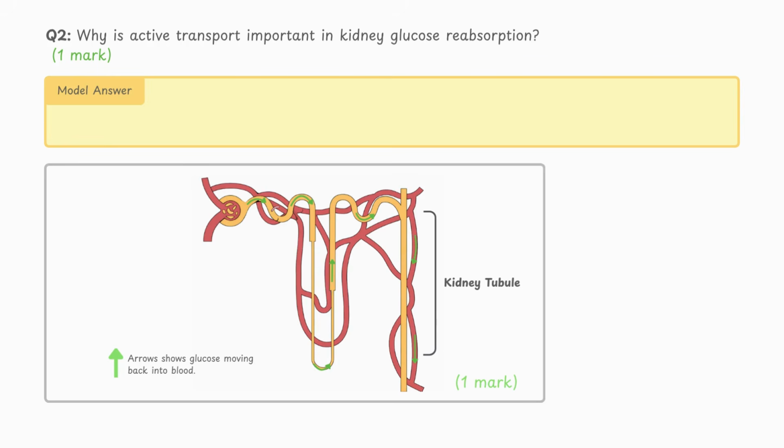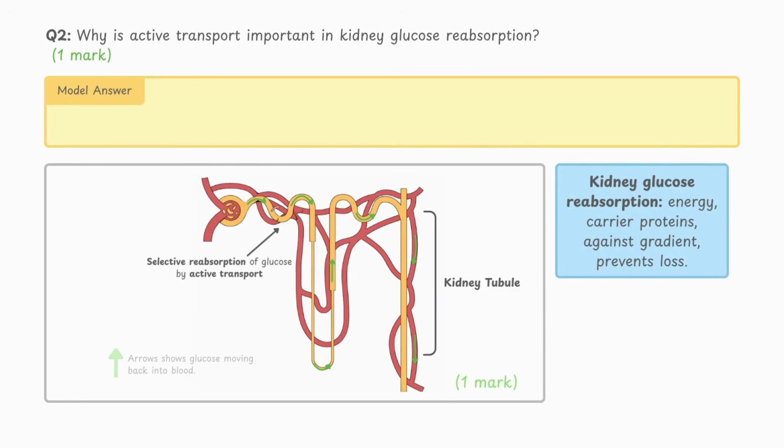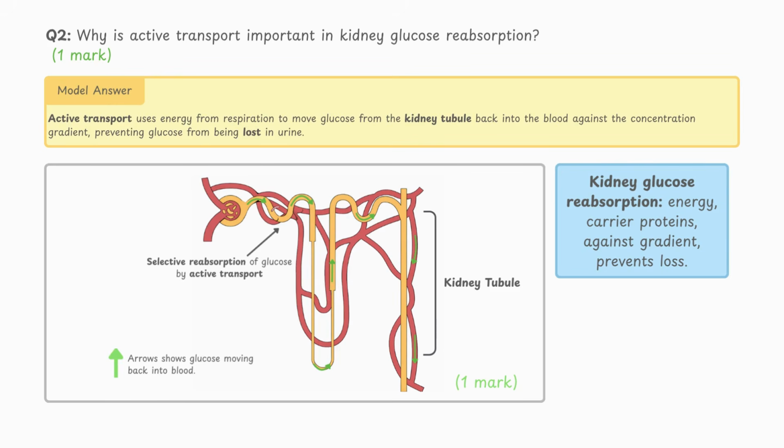Carrier proteins in the tubule cells help transport the glucose back into the bloodstream. This process is called selective reabsorption, and it ensures useful substances are not lost. So the answer is, active transport uses energy from respiration to move glucose from the kidney tubule back into the blood against the concentration gradient, preventing glucose from being lost in urine.